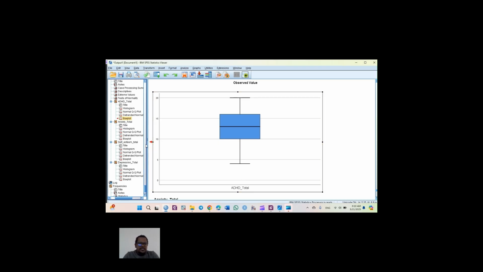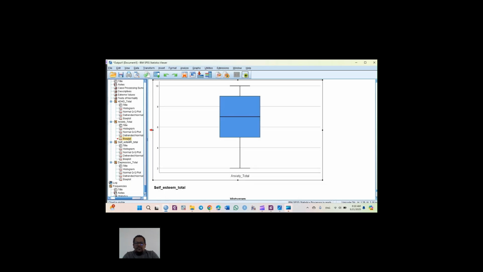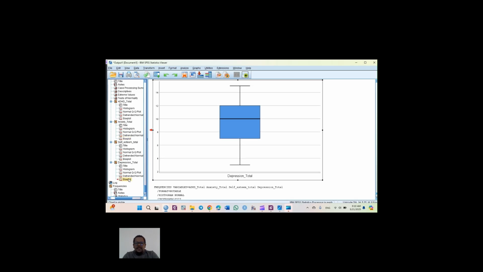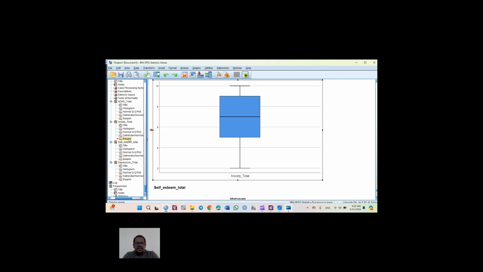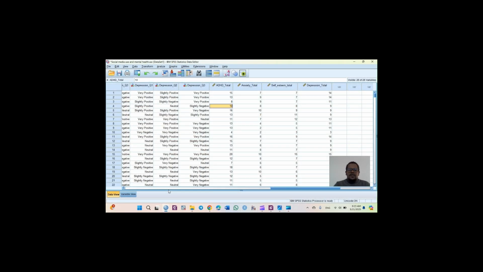So in our case, I think in all of the box plots, there are no outliers. But for practical purposes, let's make some outliers and see how they look.